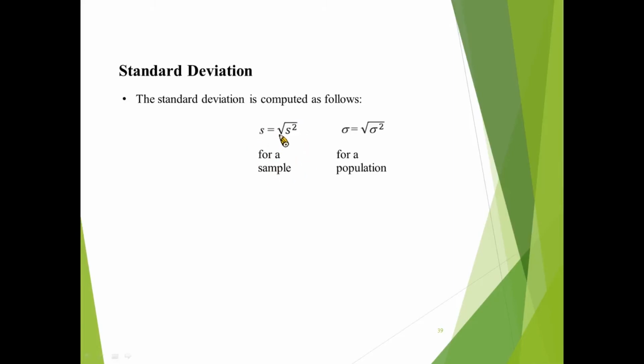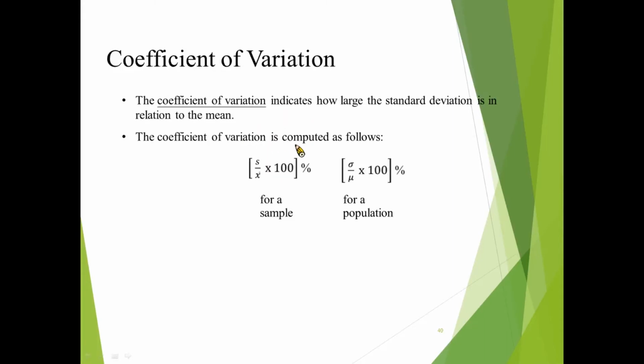You can see this is the formula. Okay, the next one is the coefficient of variation. The coefficient of variation indicates how large the standard deviation is in relation to the mean. The coefficient of variation is computed as follows.